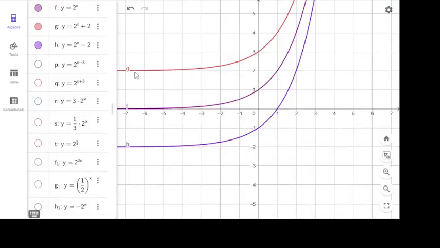We will see here for 2 to the power of x plus 1, the y-intercept comes up to 3. That means if I put x as 0, we will see 2 to the power of 0 gives me 1, and 1 plus 2 gives me 3.